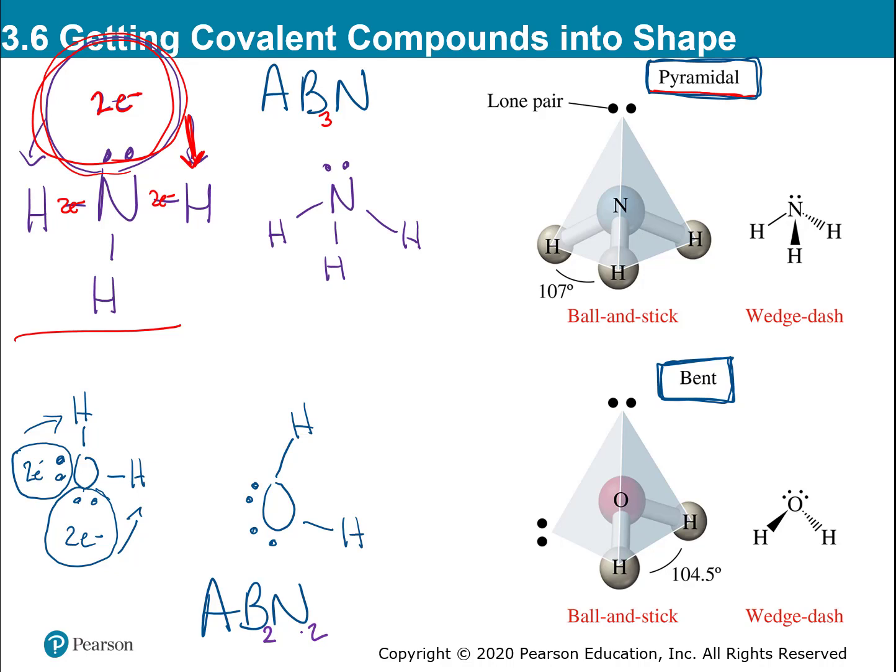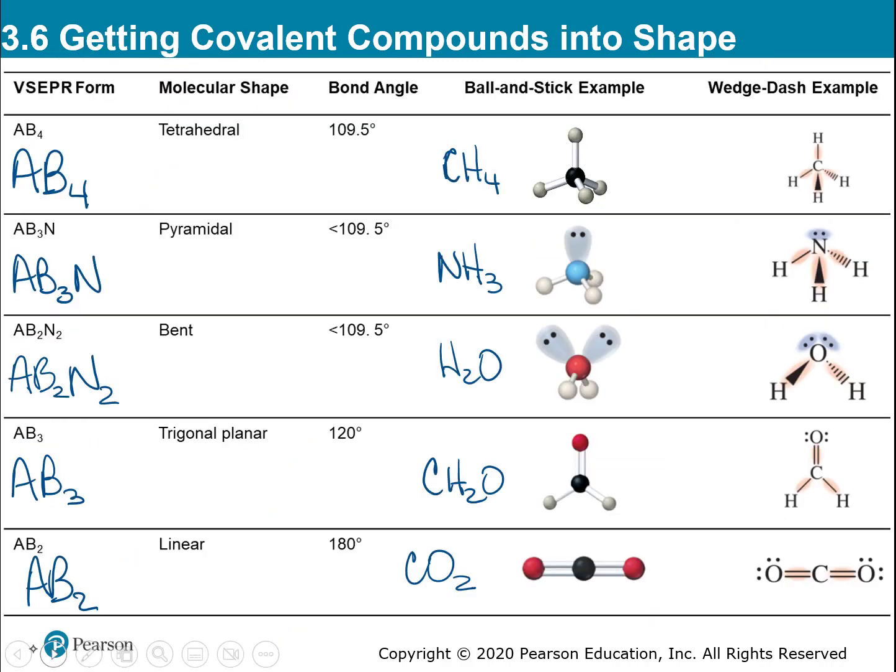So if your geometry ends with N2, you're pretty comfortable saying, yeah, that's oxygen, okay? And it's going to make this bent shape. That's why whenever you see molecules of water, they always end up with this bent appearance. The typical drawing always gives them a little bend, and it's all because of those non-bonding pairs.